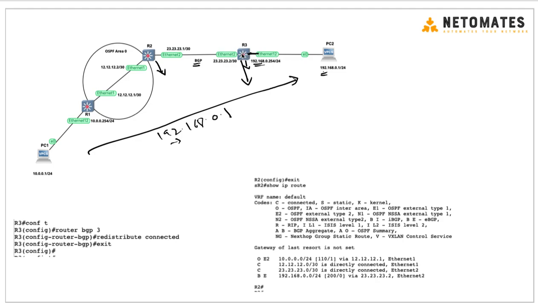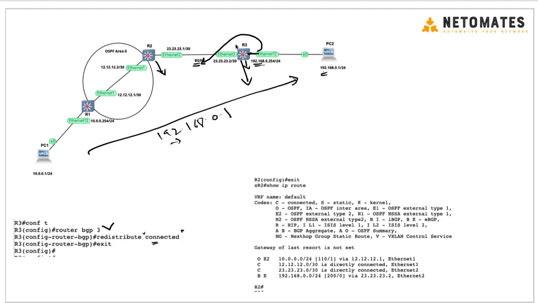For that we can use the network command, but we are using redistribute. What we want on R3 is to redistribute whatever connected routes you have into BGP. For that you go to the router BGP configuration and tell BGP to take the routes you have learned through the connected source: redistribute connected.